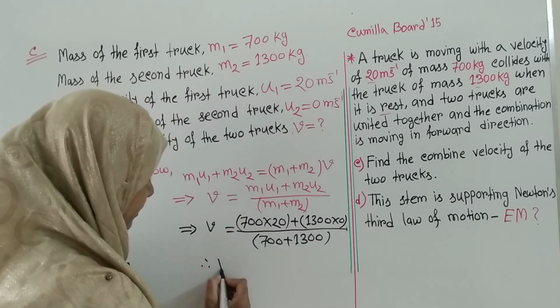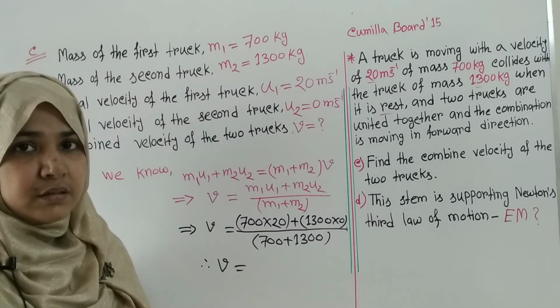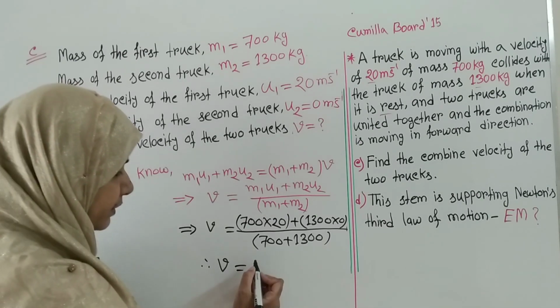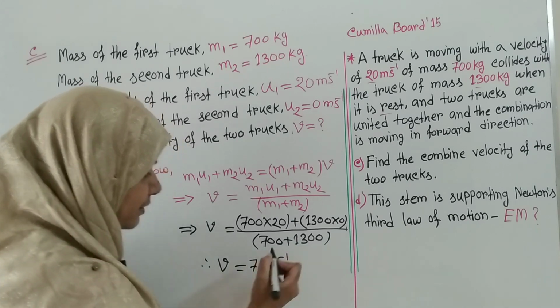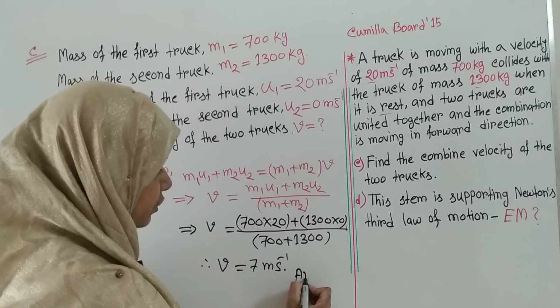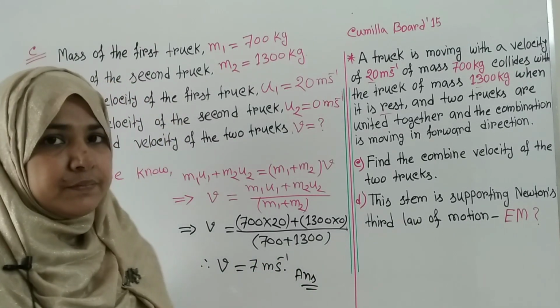Calculating it, you will get the combined velocity as 7 meters per second. This is the answer to your question C.